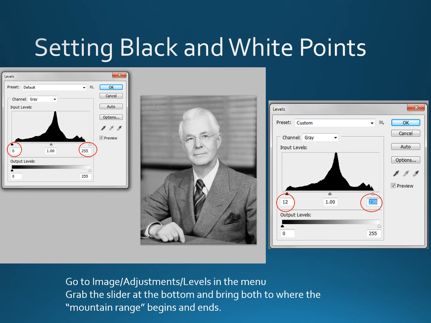So what we want to do when we set the black and white points on an image is bring that slider on the left-hand side to basically the end of the mountain range there. And so what happens is then everything beyond, in this case, what is 12, from 0 to 12, is going to show up as black. On the other side, it's at 238, where that last mountain kind of ends and drops off, and so we pulled that in, so it's at 238.